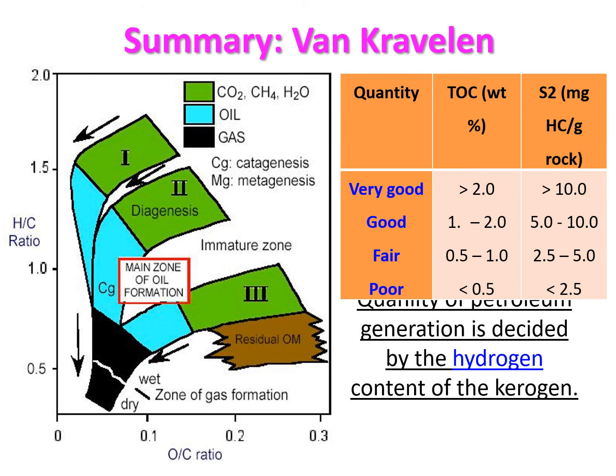As the oil generation approaches a peak, at less than 0.9 H/C ratio, the gas generation starts to dominate.